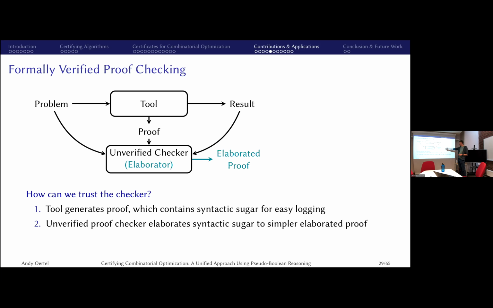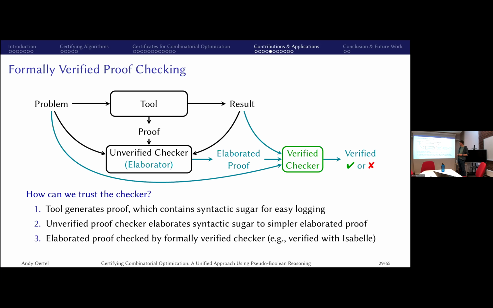And so we have the simpler elaborated proof now, and this can then be fed into a verified checker, which for example we verified with Isabelle, and then you get a verified guarantee about the correctness of the result, or you get a rejection. So that result that the verified checker outputs, you can really trust.